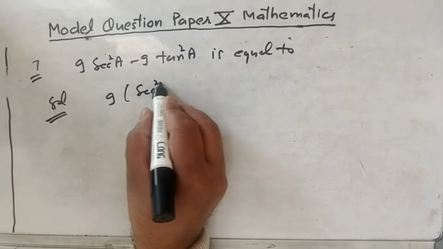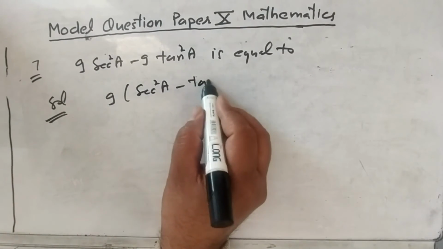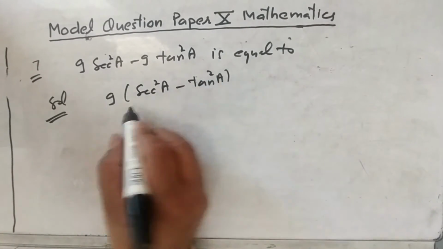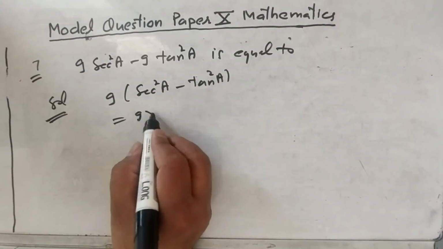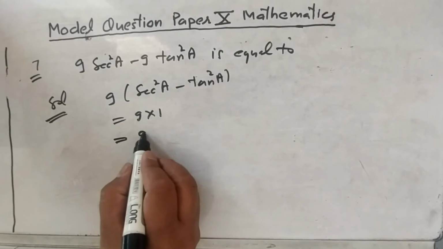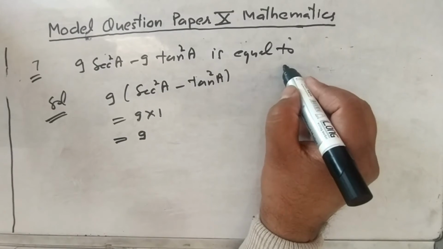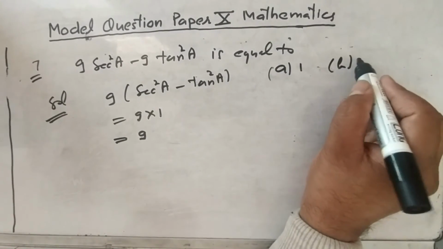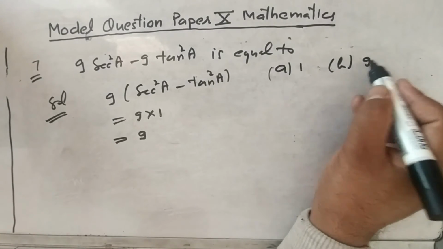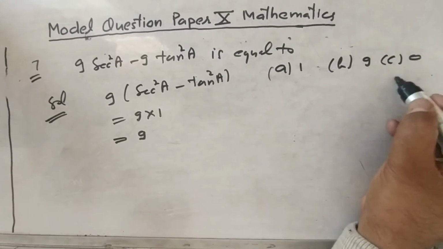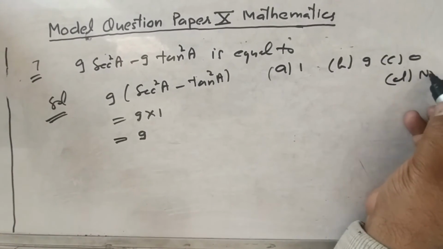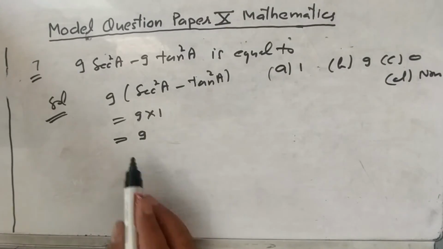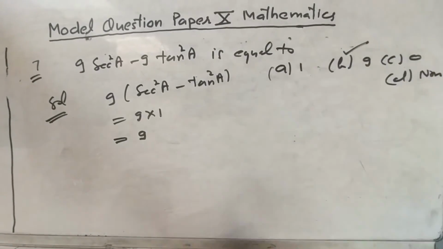Here you are getting secant square A minus tan square A, and this is nothing but 9 multiply 1. So answer to this part is 9. Here the options are, A option is 1, B option is 9, and C option is 0, D is none. Okay. So here the answer to this part is 9.